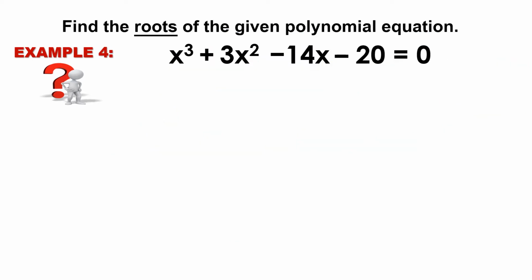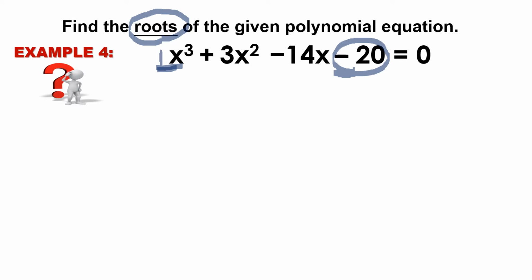Example number 4, x cubed plus 3x squared minus 14x minus 20 is equal to 0. Here we have to find the roots. Let's apply now the rational root theorem by looking at the constant term and the coefficient beside the leading term, which is 1 here. So negative 20, we have to get the factors.